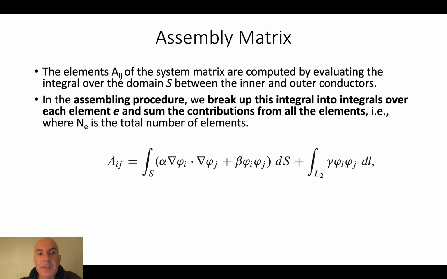So the elements i, j of the system matrix are computed by evaluating the integral over the domain S. That is all our domain between the inner and the outer conductor of our problem. In the assembly procedure, that is to form this matrix A, we break up this integral into integrals over each element e and sum the contribution from all elements, where n is the total number of elements.